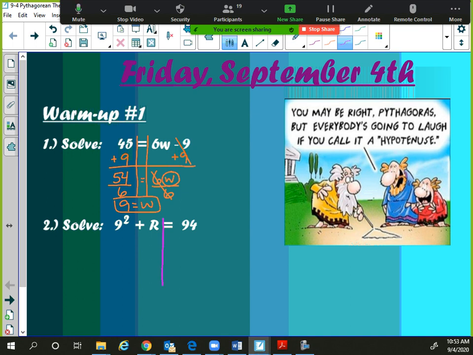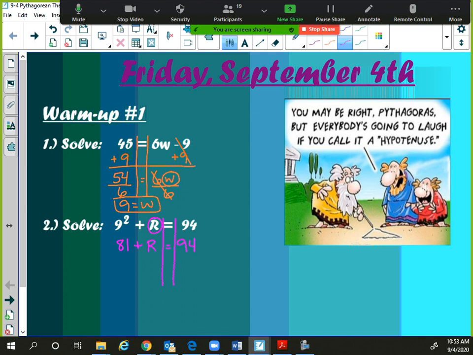So same rules. I need a left and a right side. My goal is to get r all by itself on the left side. So I want to get rid of the 9 squared. Well, actually, the first thing I would do is go ahead and solve for whatever 9 squared is. 9 squared is 81. So now it doesn't look as crazy. 81 plus r equals 94 now.